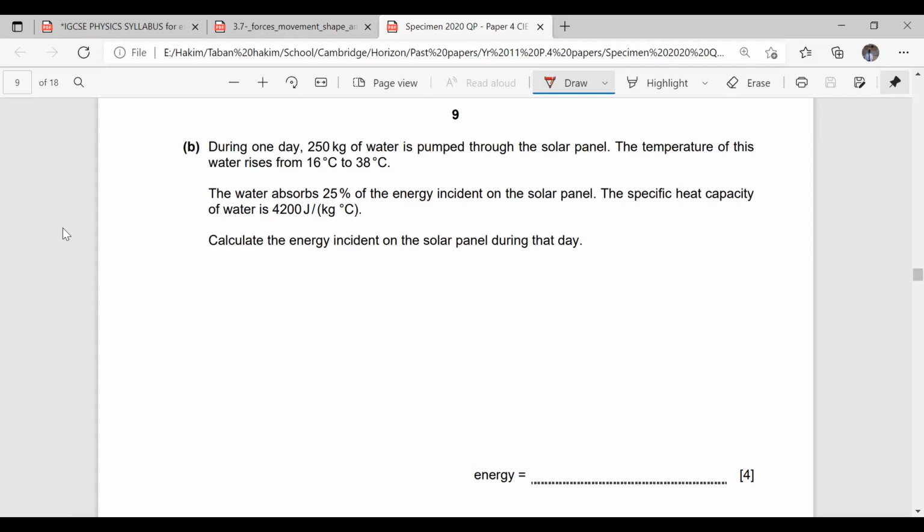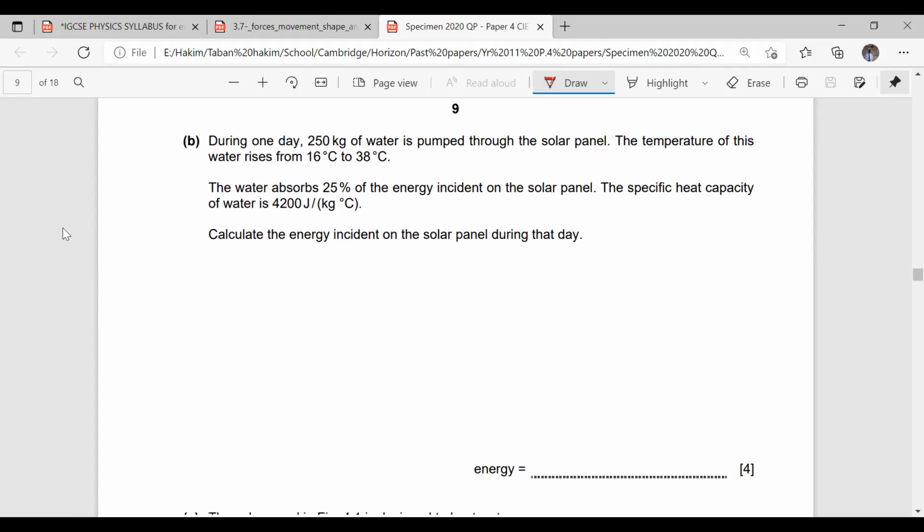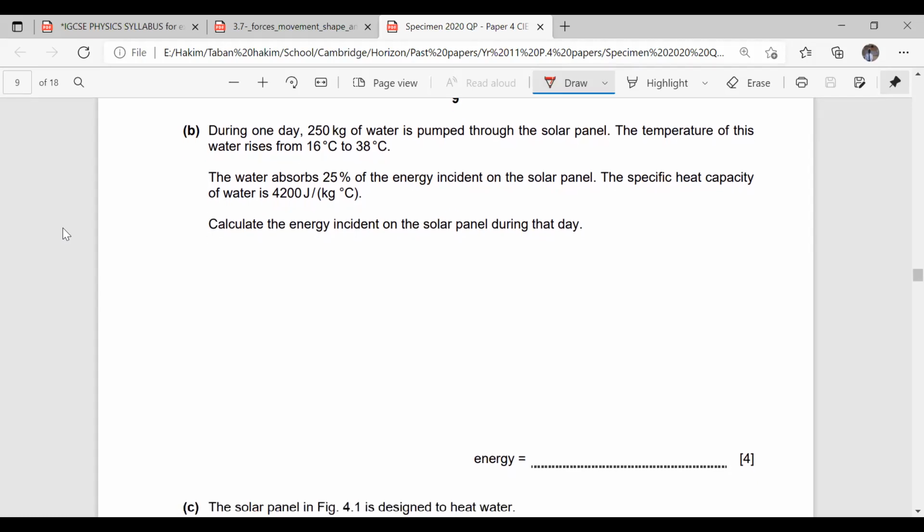So, Sunil, what would we do here? Patel, let's give a chance to these girls to discuss for us. Yes, Sunil and Mega, you're welcome. Yes, sir. We first say energy equals power times time. Energy is equal to power times time, yes.